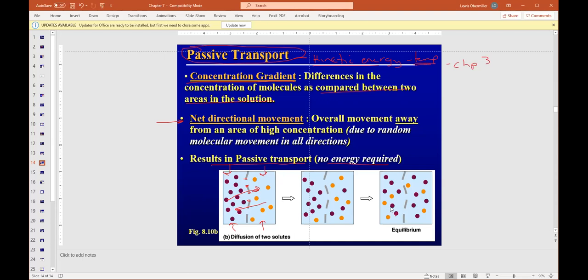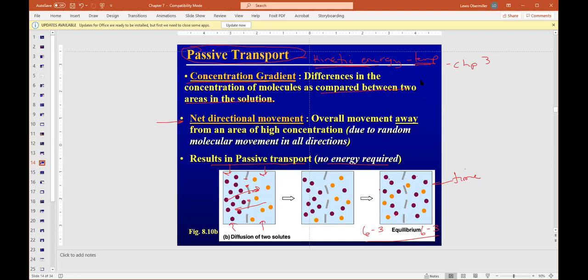Let's see, 1, 2, 3, 4, 5, 6. There's 6 purple ones and 3 orange ones on this side. And we do the same thing: 1, 2, 3, 4, 5, 6 purple and 1, 2, 3 orange ones. So they're mixed evenly. This just takes time, and it changes due to the kinetic energy.